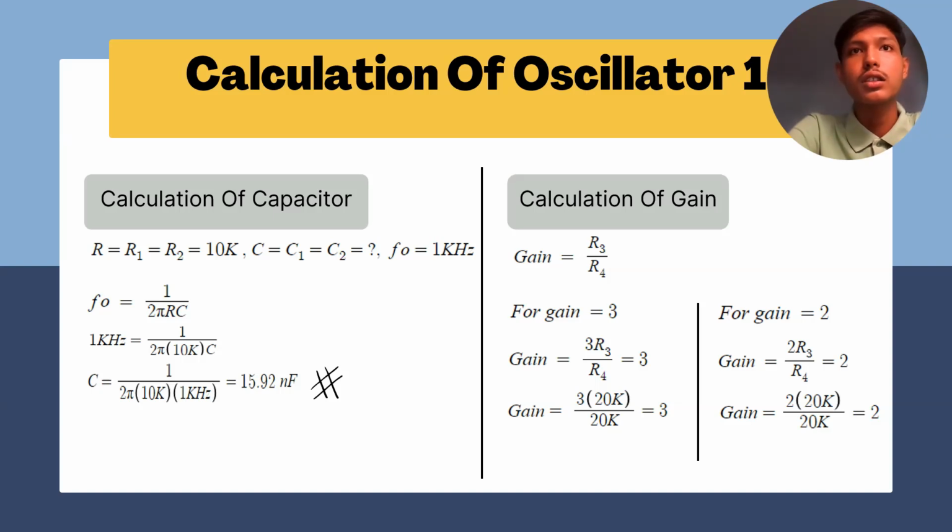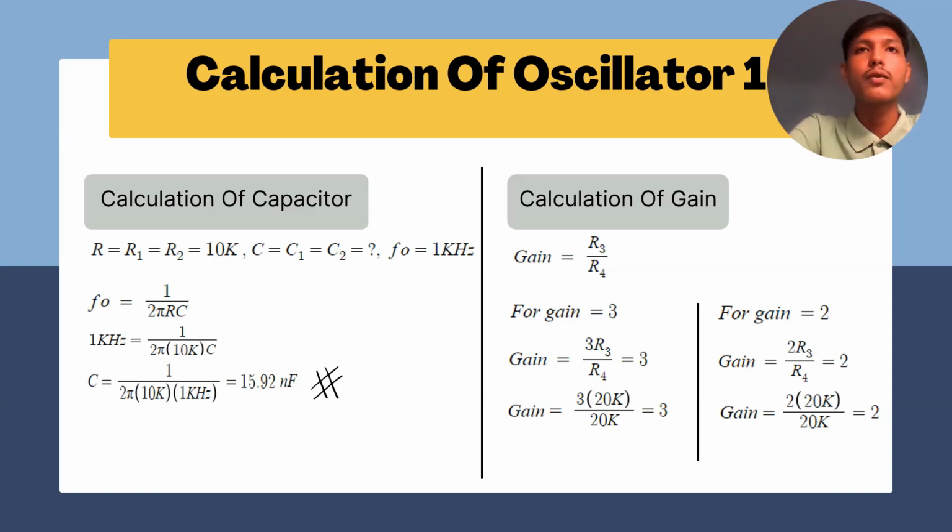This is because when they are not the same, the sine wave that we get is not good, and maybe we can get a distortion. So to get a good sine wave, they must be the same value.